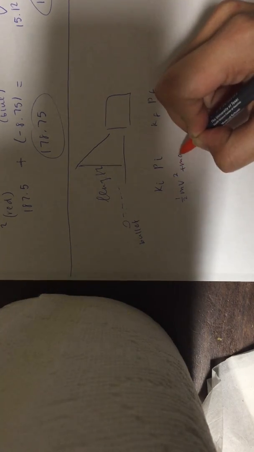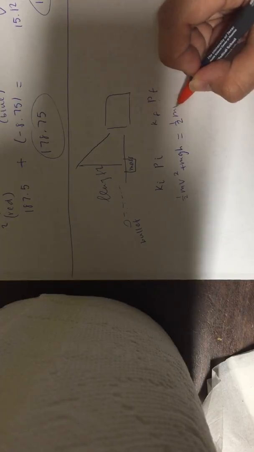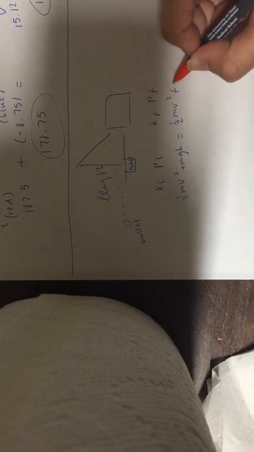It's elastic. Yeah. So, and then the mgh is the mass, gravity, and the height. So this is going to be the mass. And then that will equal 1/2 mv squared f plus mghf.